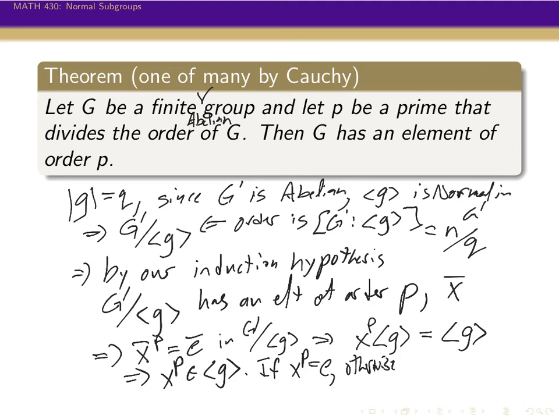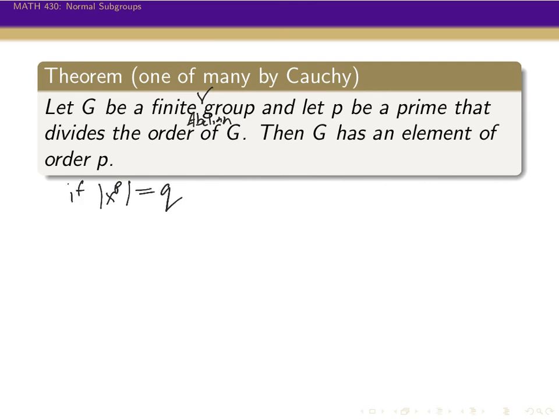Since G has prime order, that means that the order of x to the p is equal to q. Now let's clear out some space again to give us some room to work.